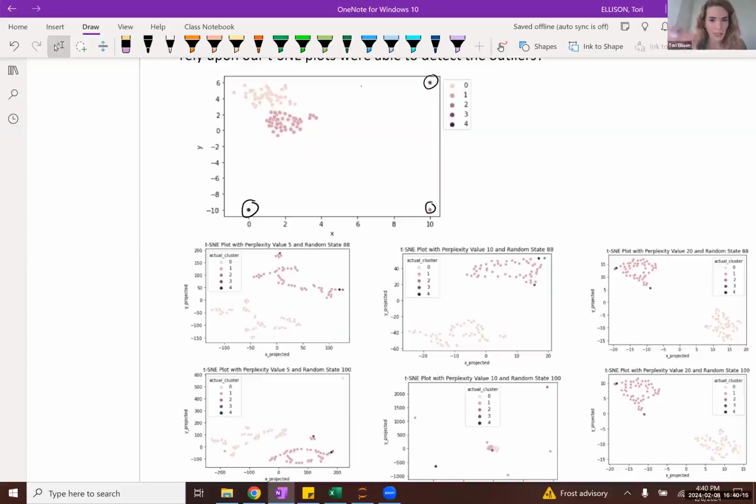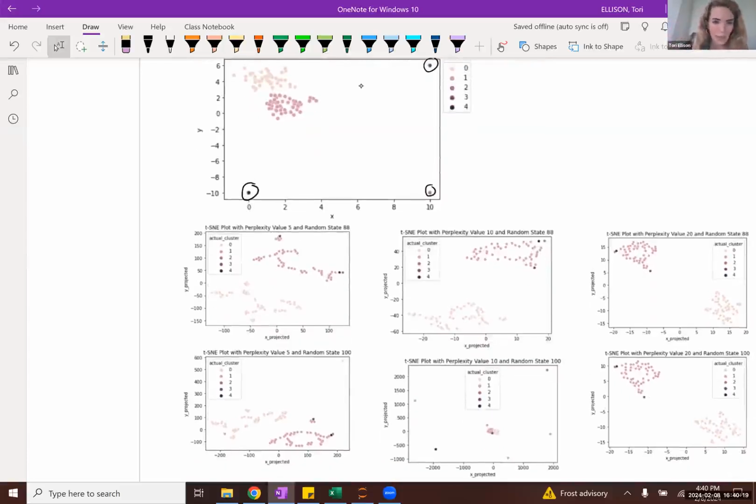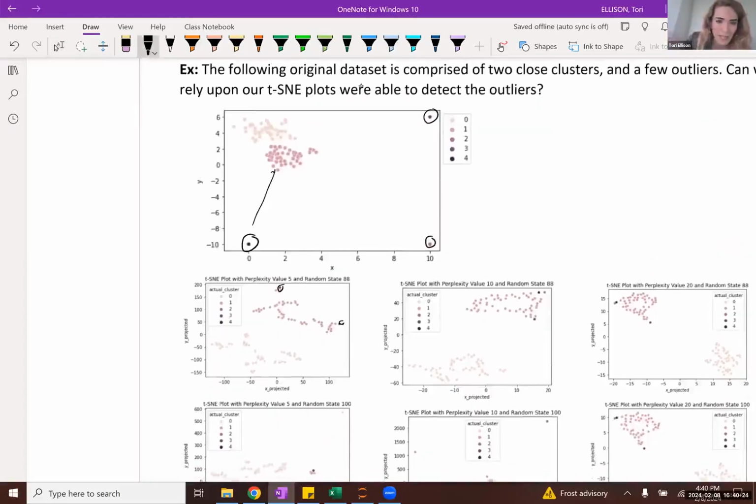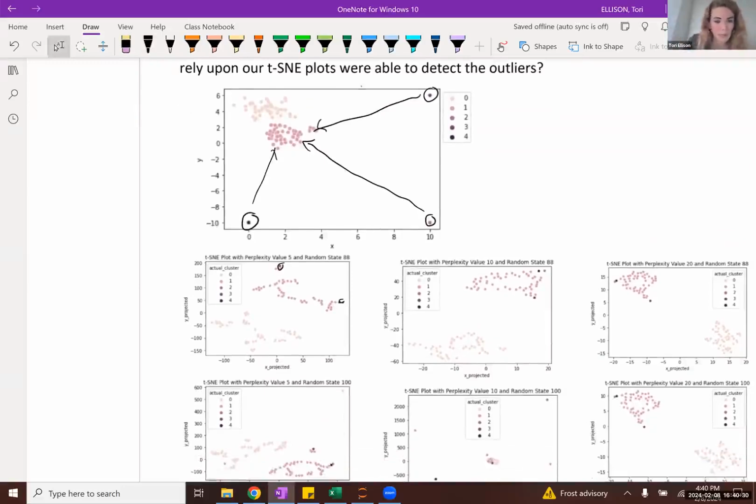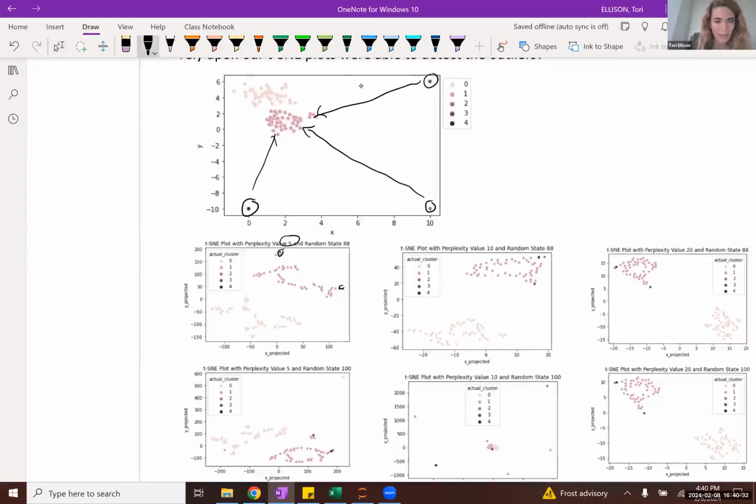So we don't usually see the existence of outliers from the original data set. And that is in fact what we end up seeing here. So basically these points end up getting forced to be close to their 5 nearest neighbors, for instance, when the perplexity value is 5.